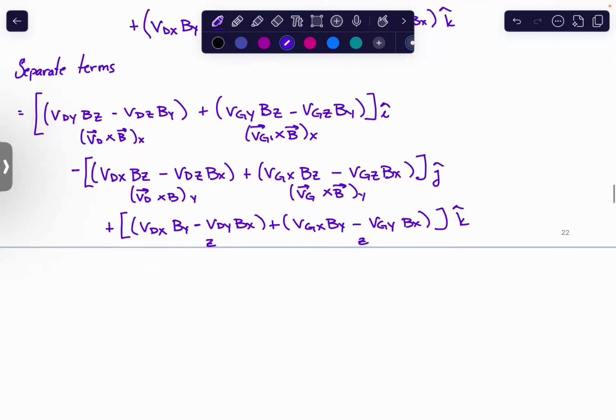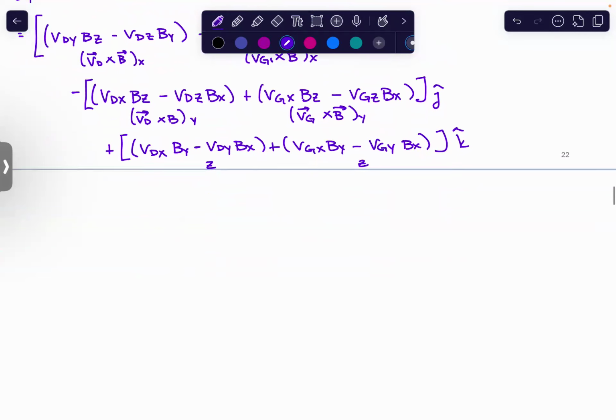Which means the cross product we started with will end up becoming this, which means the cross product is distributive.